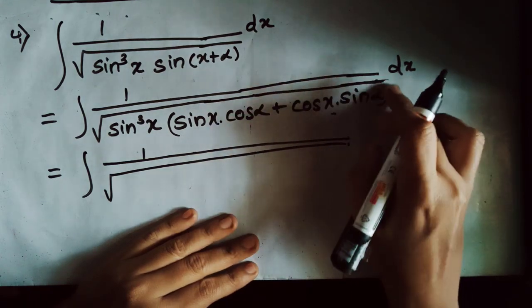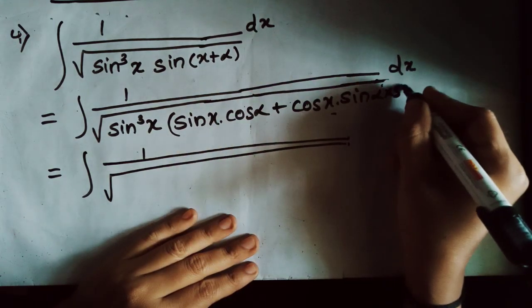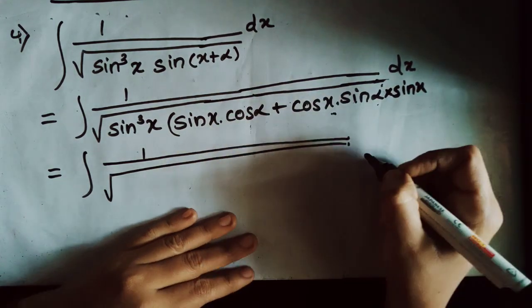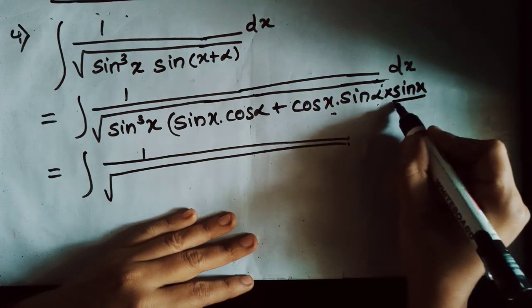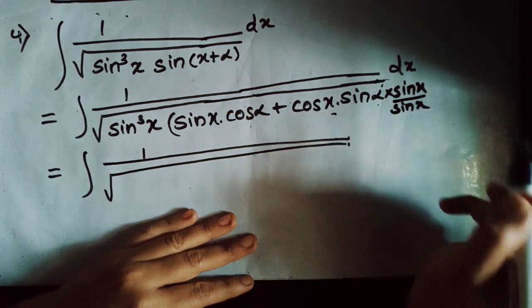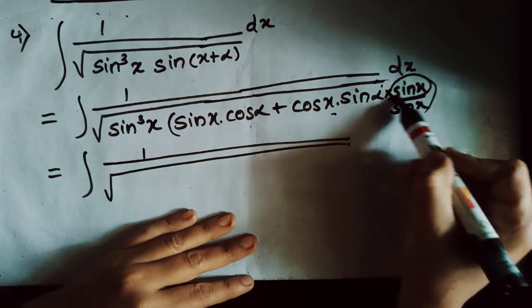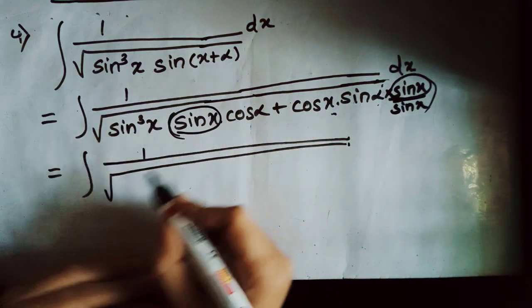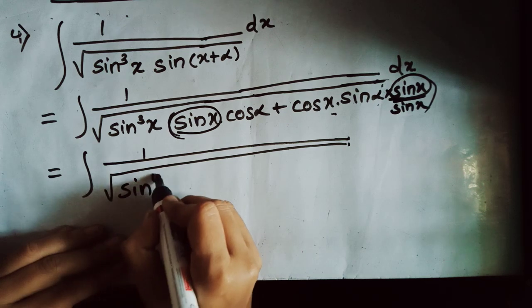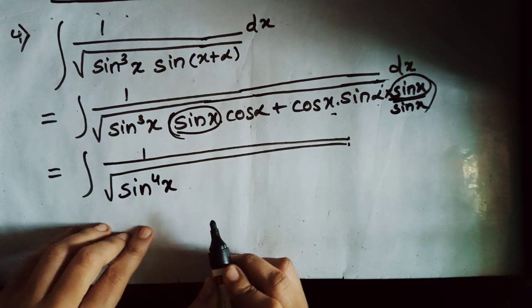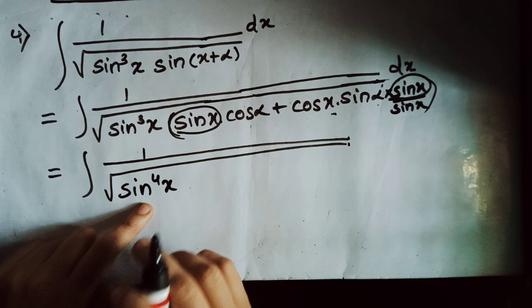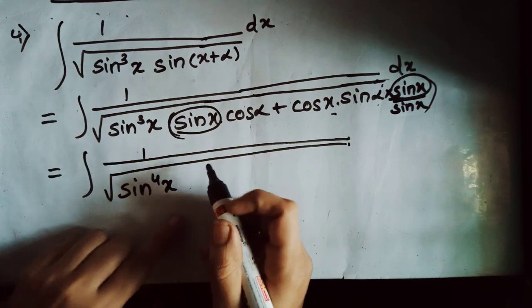So I can multiply sin x and divide sin x here, so that I can take out this sin x and this sin x common. So this will become sin raised to 4x. Now why I have done this, I will let you know.